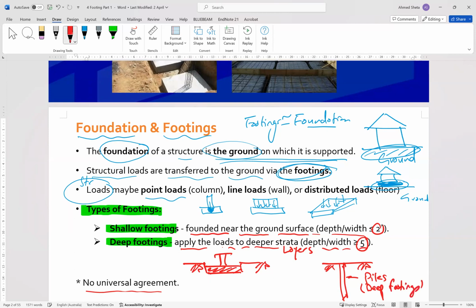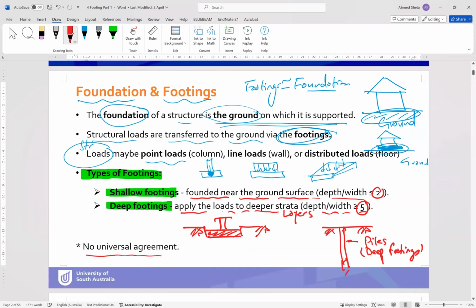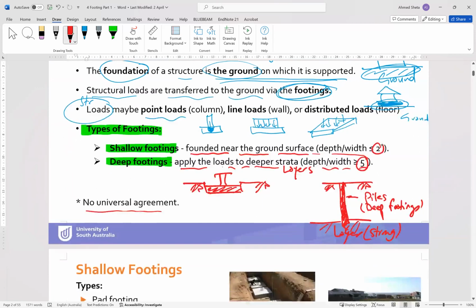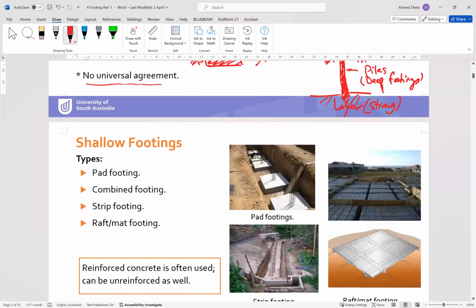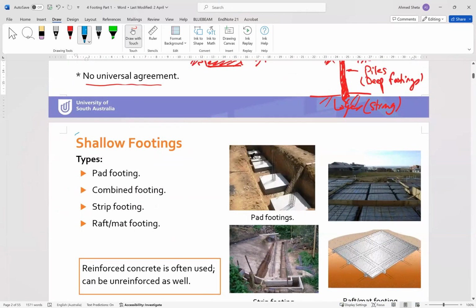Okay, in this deep footing, the load is transferred to a very deep layer, a strong layer, maybe sand or rocks. So this week or this lecture, we are talking about shallow foundation.